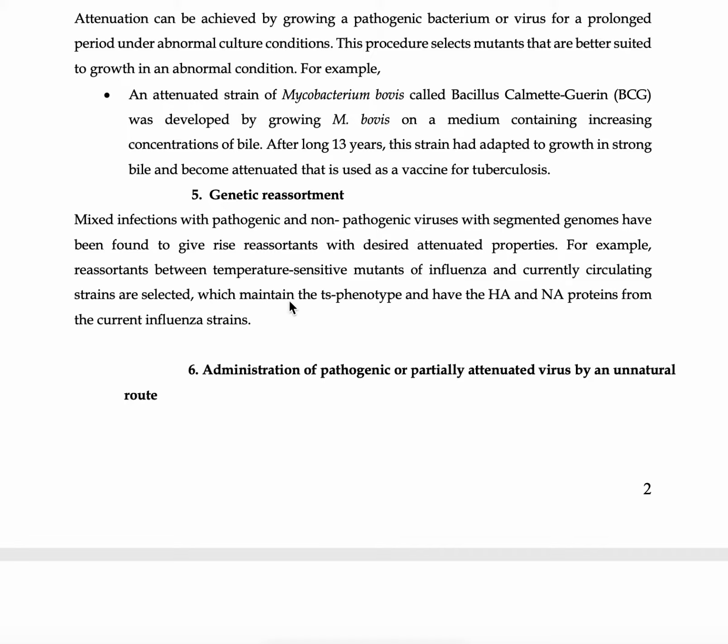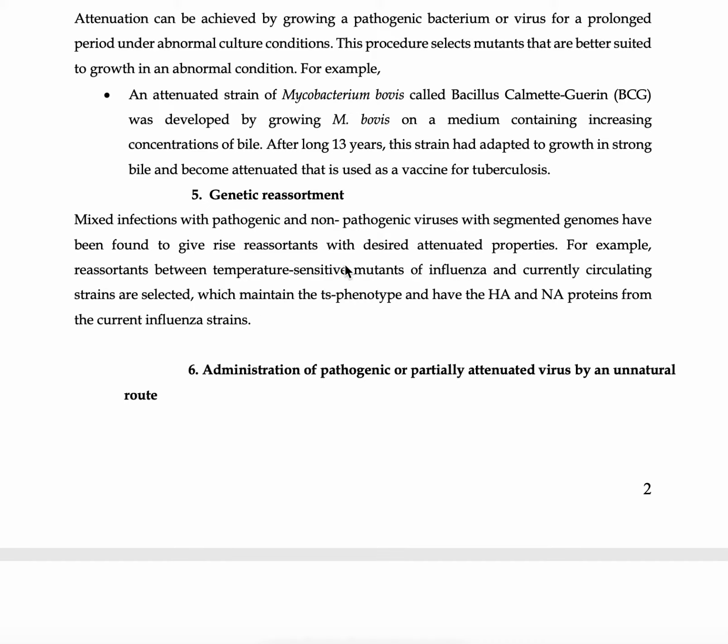So how? Reassortments between temperature sensitive mutants of influenza, which are avirulent, the TS mutants, and currently circulating strains are selected.